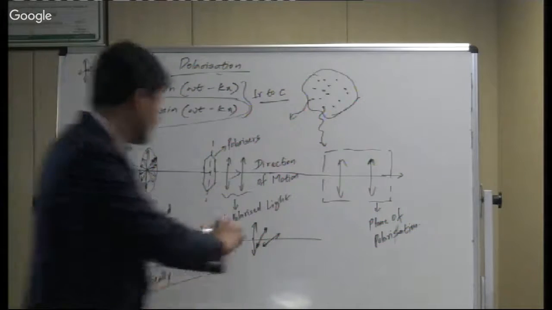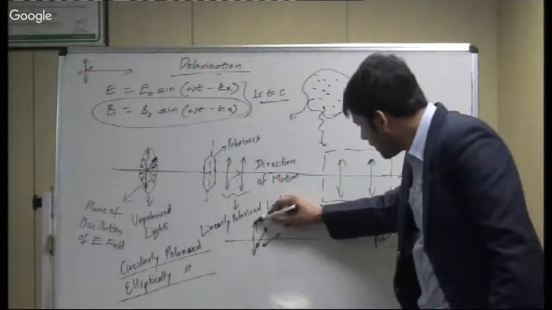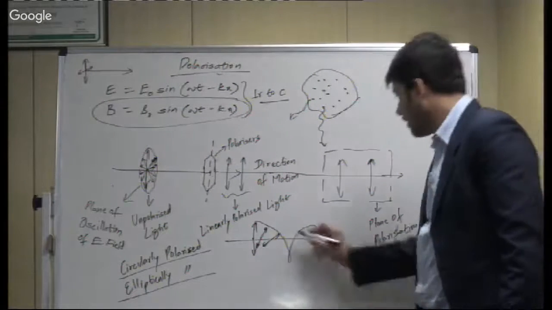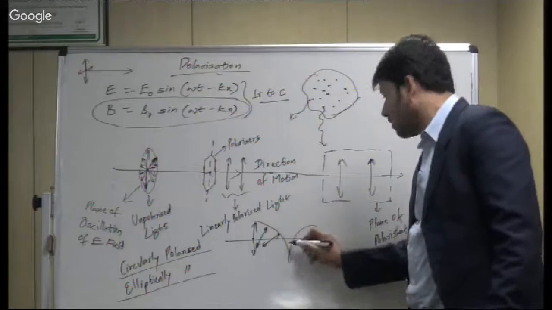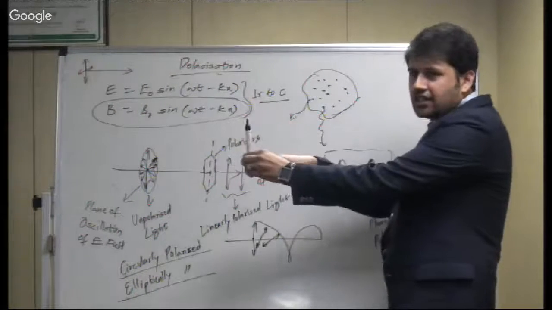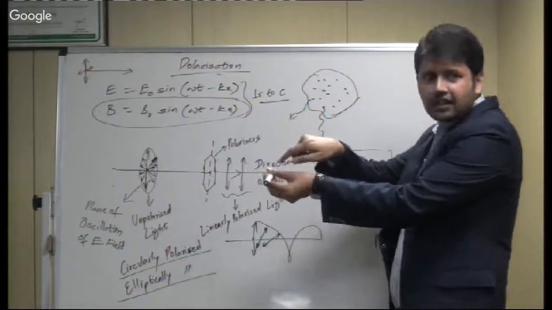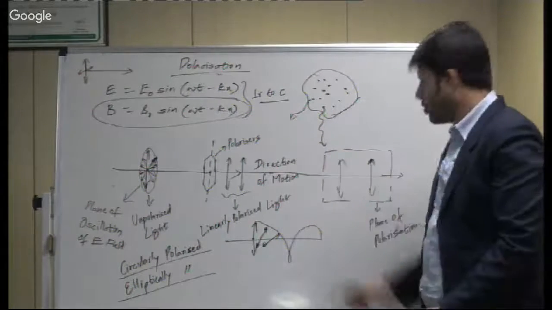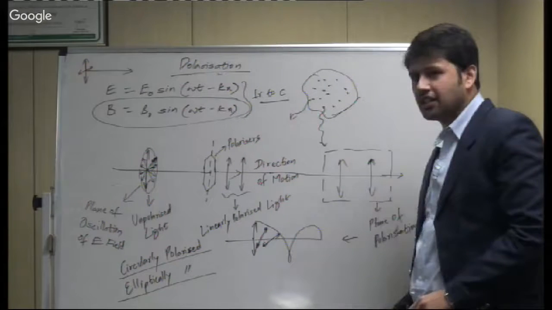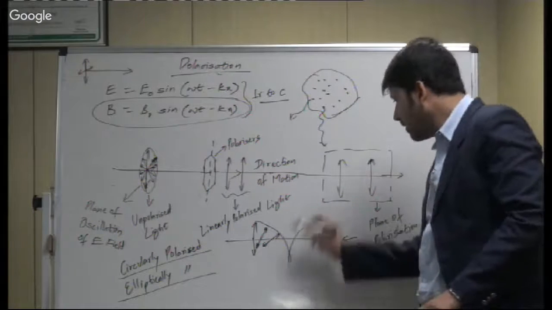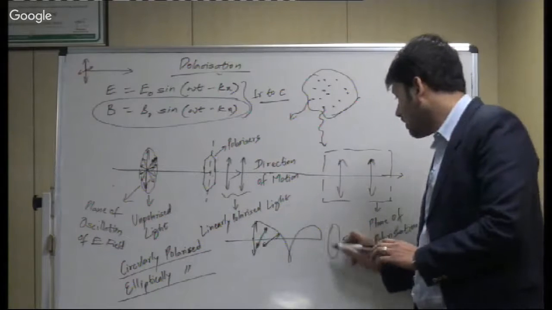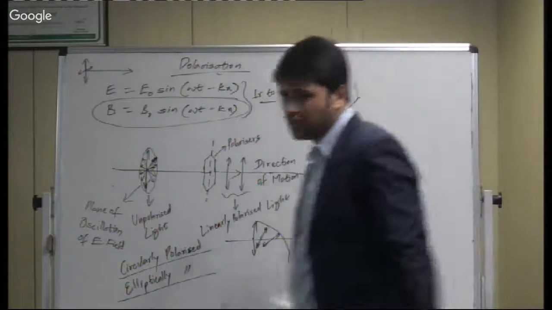If I draw the head of this vector, it forms a spiral. If you see from this direction, the locus of the head appears to be a circle. That's why it's called circularly polarized.